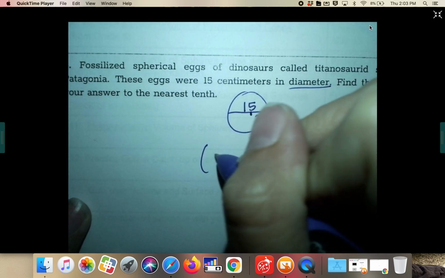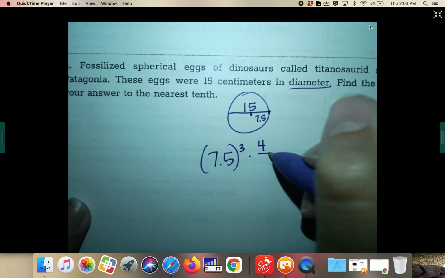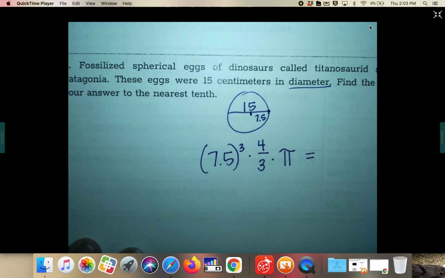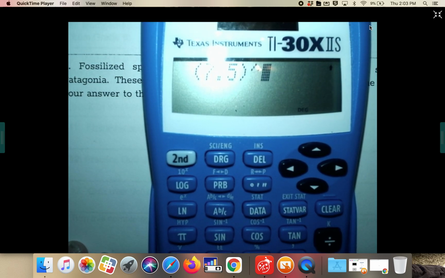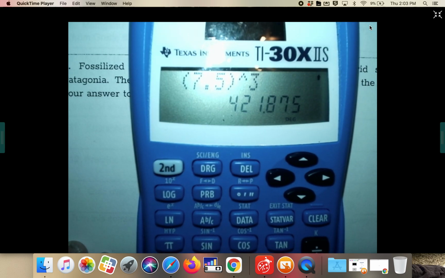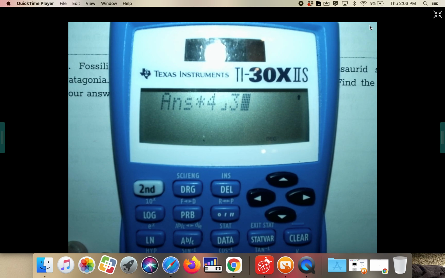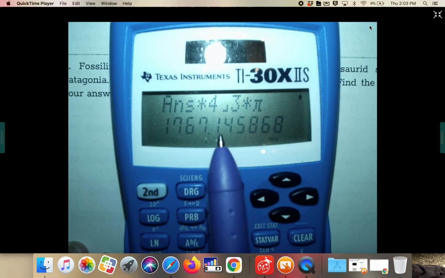Okay, once we know that, we're going to take 7.5 and cube it times our 4/3 times our pi to get our volume. So 7.5 to the 3rd power times 4/3 times pi button, equals 1,767.1.